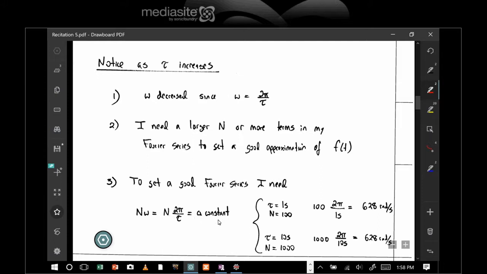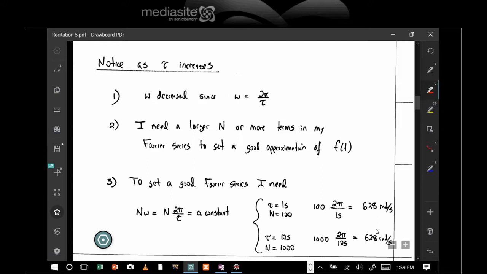Now, if that remains a constant, then I'm going to get a good shape for my Fourier series. Notice, to get a good Fourier series at 1 second, I used 100 points. 100 times this gives me 628 radians per second. For the other one, where tau equals 10 seconds, I don't need 100, I need 1,000, but when I take the product of 1,000 times this, I get the same number and a good shape.